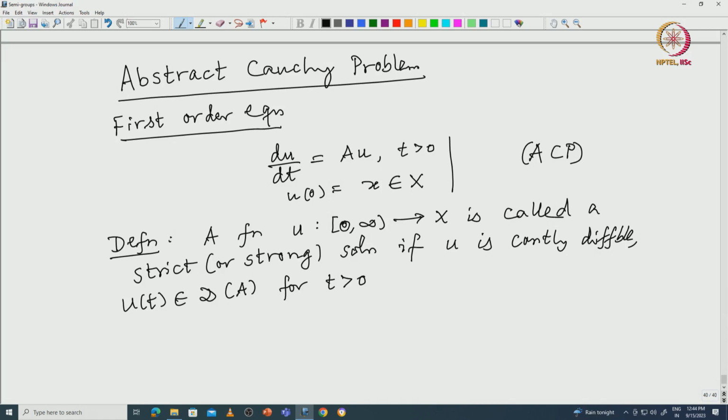Okay, that forces u0 to be in D(A). Okay, let me just put t greater than 0, and the ACP is satisfied.